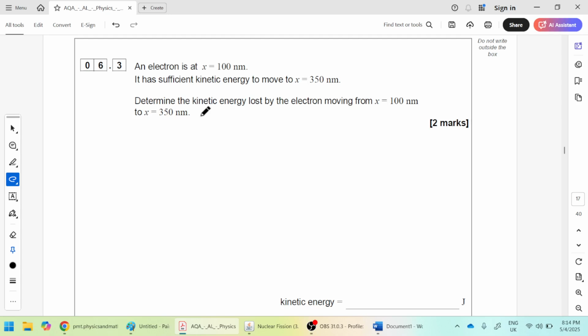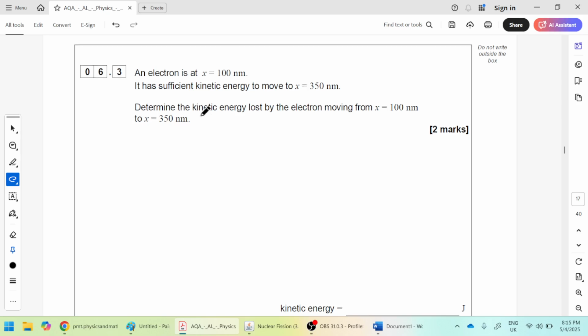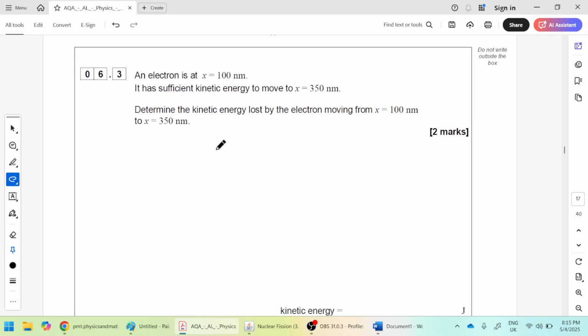Electron is at x equals 100 nanometers. It has sufficient kinetic energy to move to x equals 350 nanometers. Determine the kinetic energy lost by the electron moving from x equals 100 to x equals 350. So voltage equals energy per unit charge.